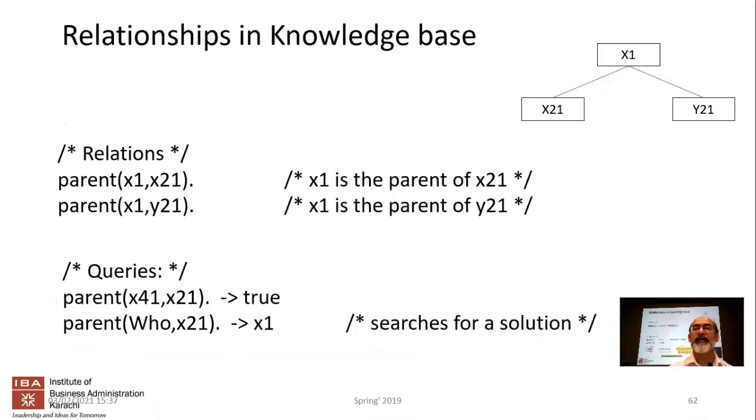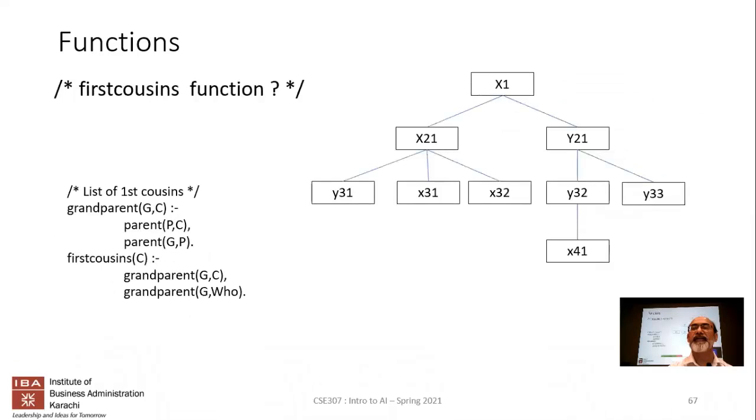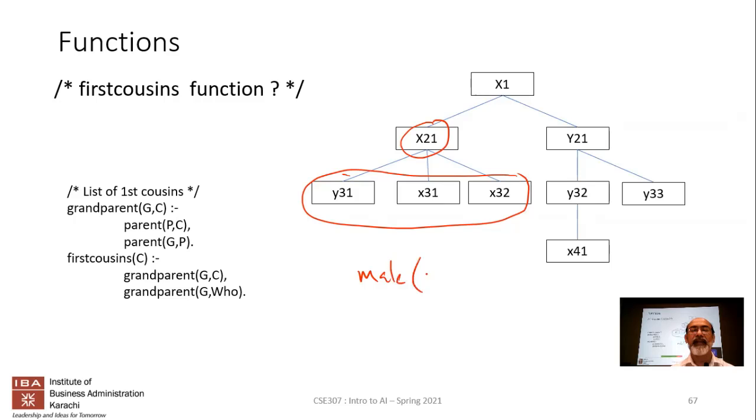So if I look at this case, here I'm defining x21 and a number of offspring of x21. If I said male and I said capital X over here, what should this respond with?